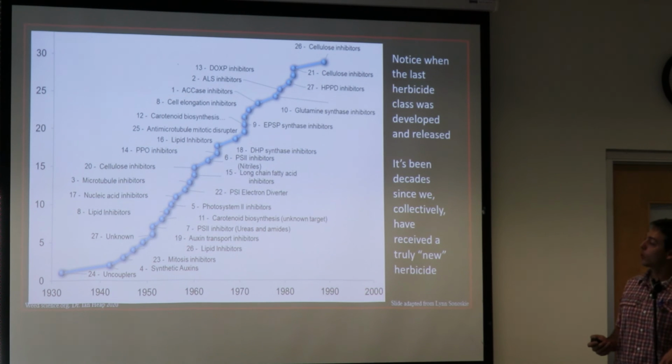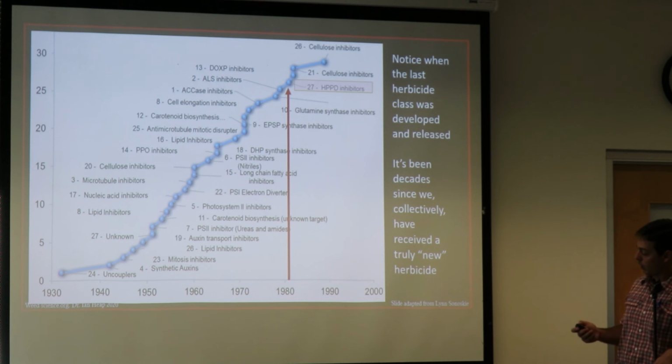So this is just another way to show you guys the importance of how problematic it is if we start losing our chemistries. This is the chronological discovery of new herbicides. Basically, I just want to show that the last time we actually had a true new herbicide was in the 1980s, more than 20 years ago.